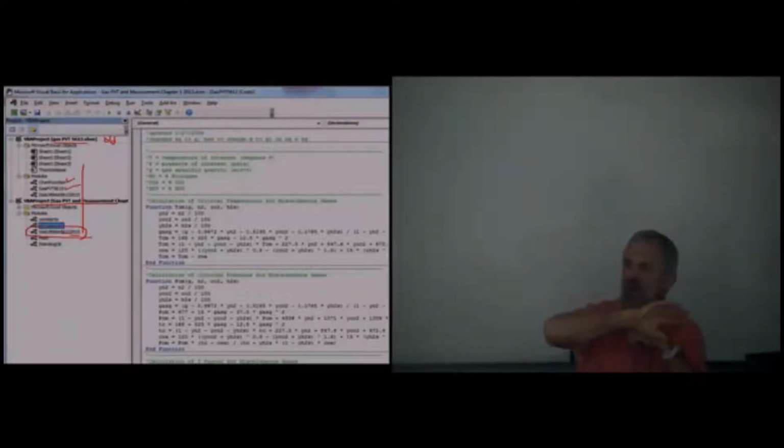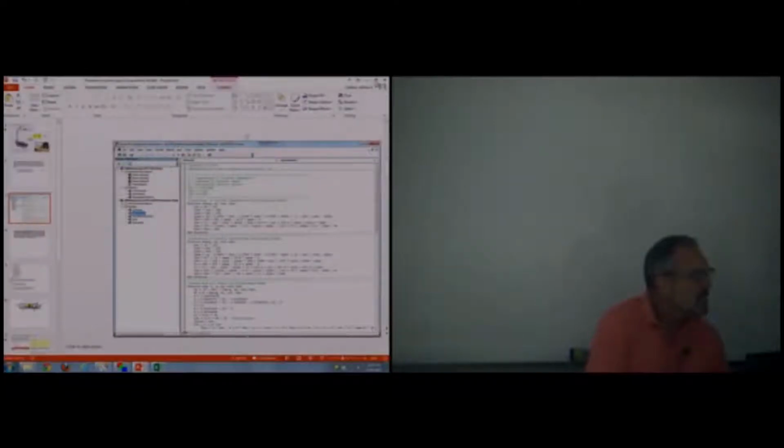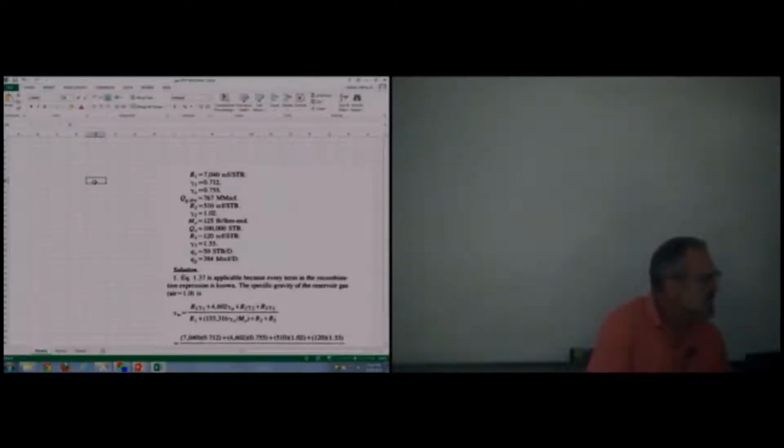And then all you have to do is open them both, hit Alt F11, drag up the new software, the new module, and then you can get out of Visual Basic. I usually use this X right here to be the safe one.